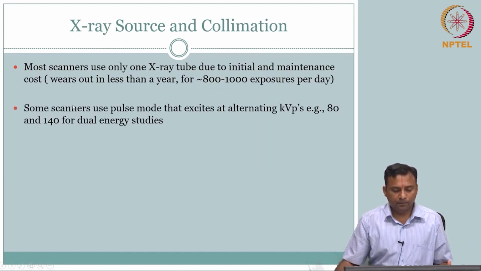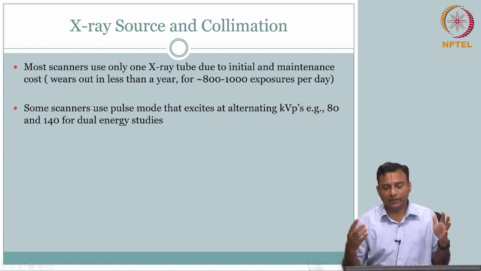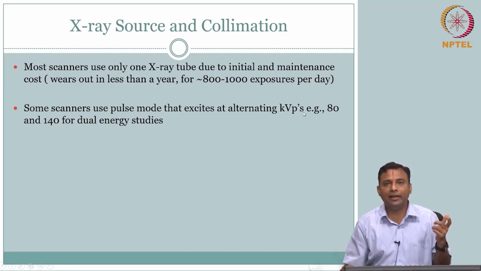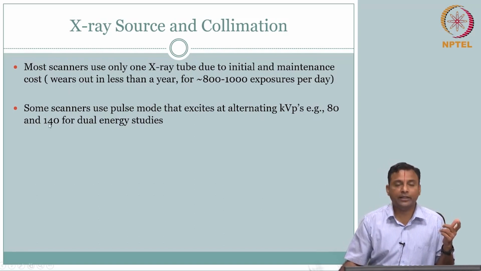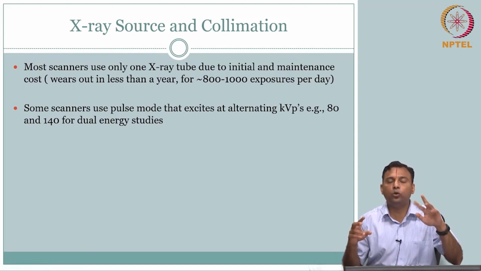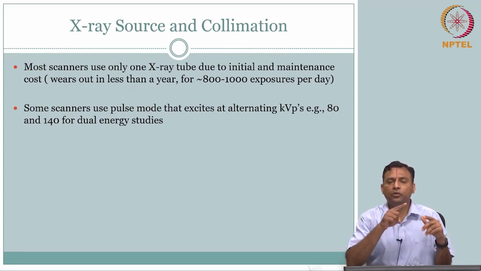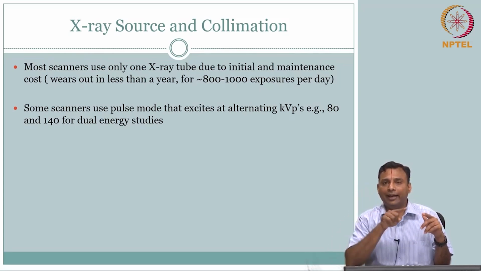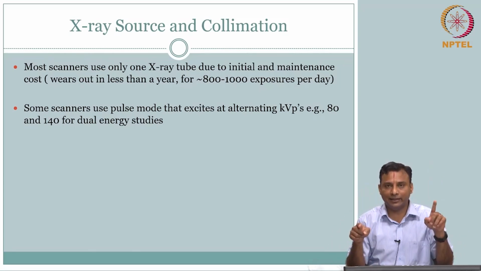Again, with improvisations, we could use multiple energy sources. I could excite with 80 kilovolt peak, and I could excite with the next at 140 kilovolt peak, and record the data at two different energy levels. You recall the basic plot that we had, the hill-type kind of energy versus X-ray intensity, when we talked about Bremsstrahlung.